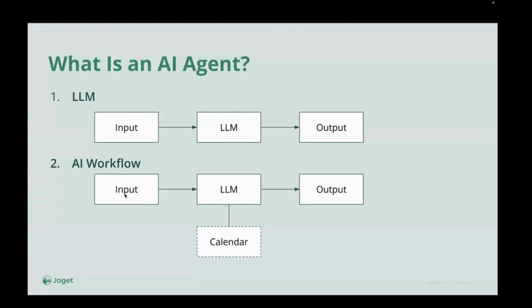Then when we call the LLM, it may make specific integrations with the calendar, and it may connect to Alice's or anyone else's calendar and achieve that. Then in the output, it will say that the calendar invite has been sent out. So that would be an AI workflow, where we have a predetermined flow on what can be done.